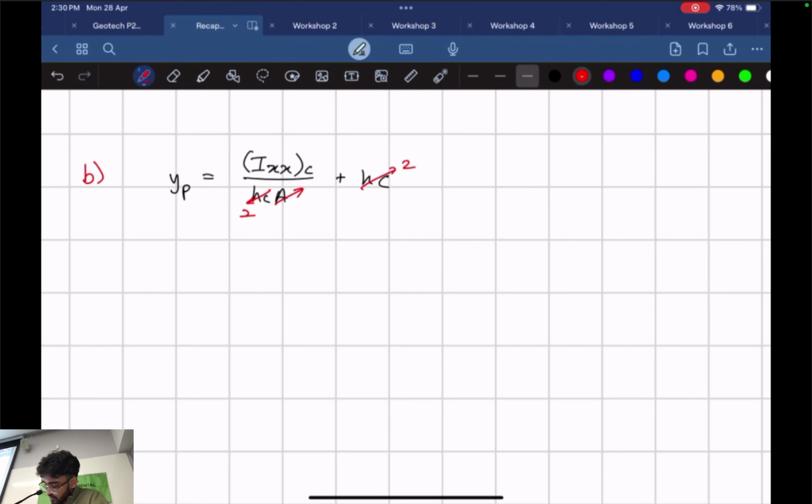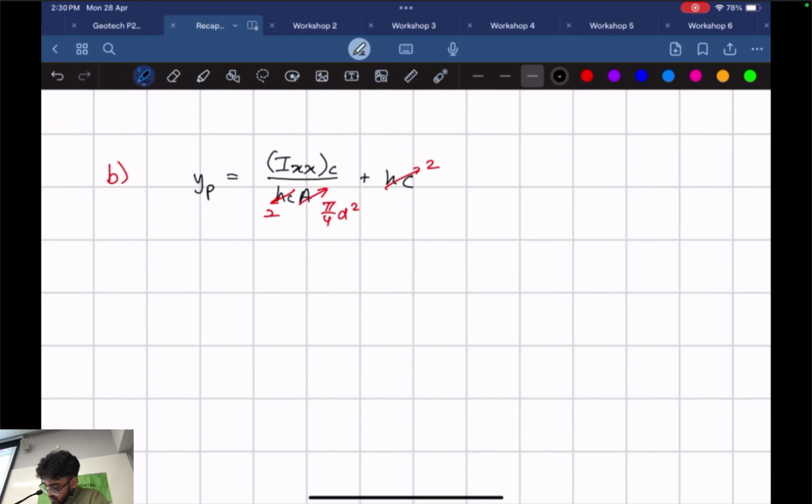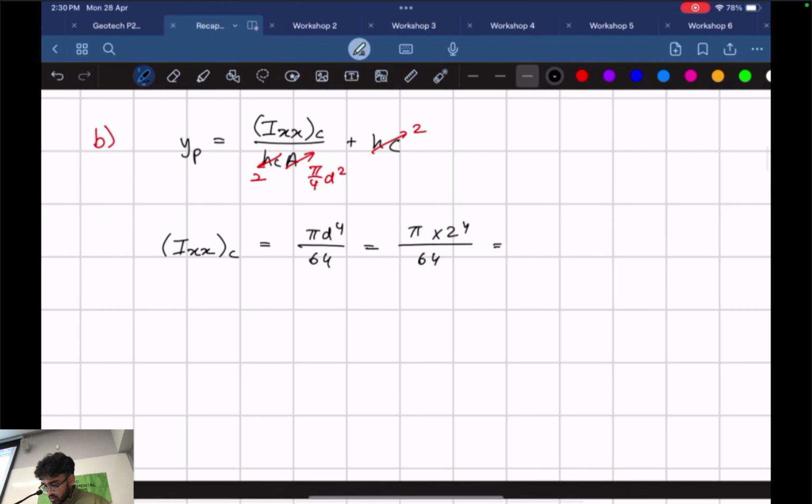The area we already figured out, pi on 4 d squared. IXXC is going to be a bit different. IXXC is equal to pi d to the 4 divided by 64, which is pi times 2 to the 4 over 64, which you get to be pi times 16 over 64. That's not right.